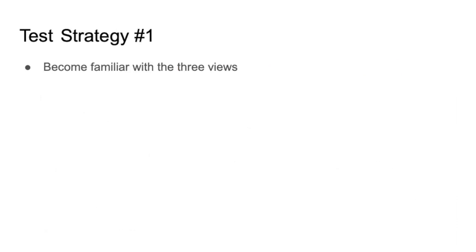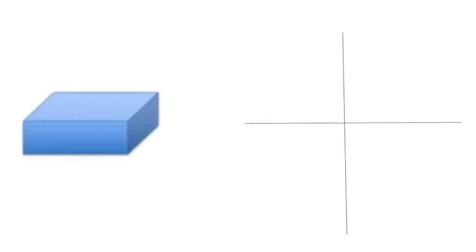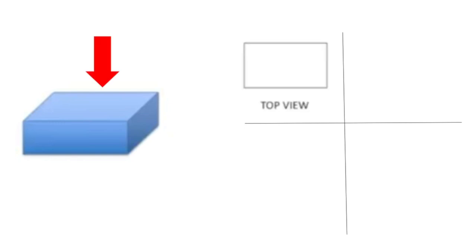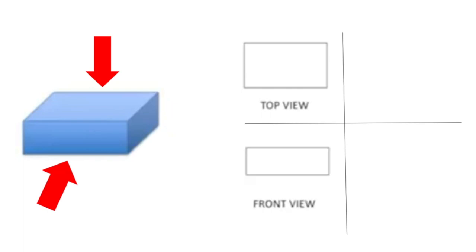So our first test strategy is to just break it down to the basics and to become familiar with the 3 different views. So here is a basic 3D object and its corresponding top view, front view, and end view, or side view, which, if you remember for keyholes, is the same 3 views we use to look at our 3D object to figure out its keyhole.